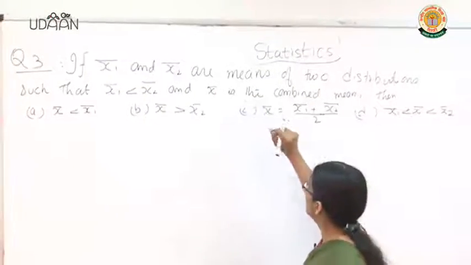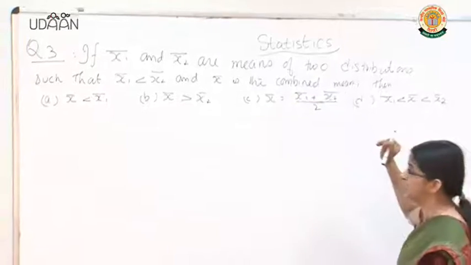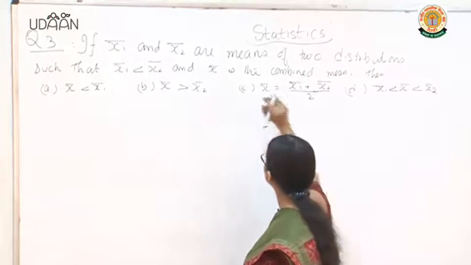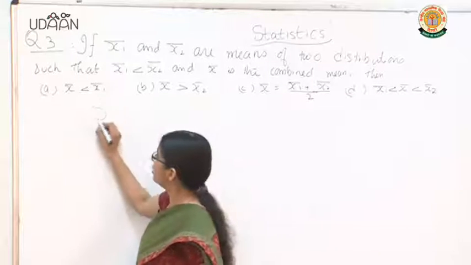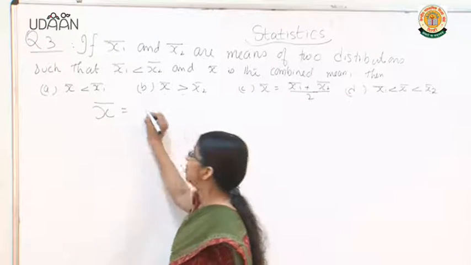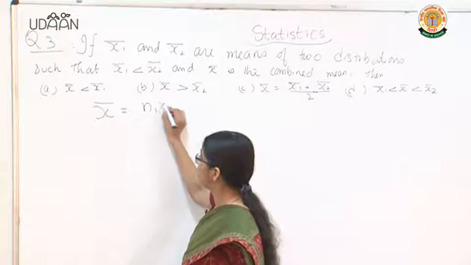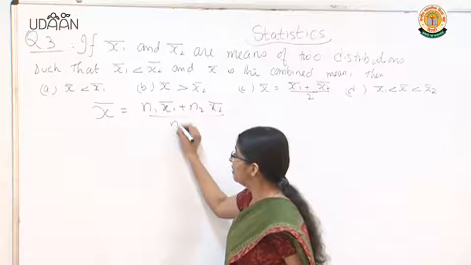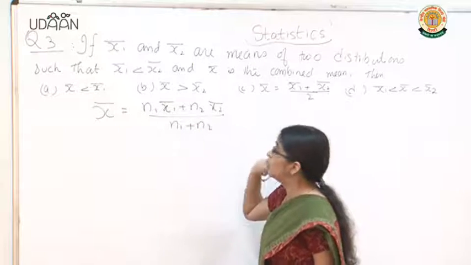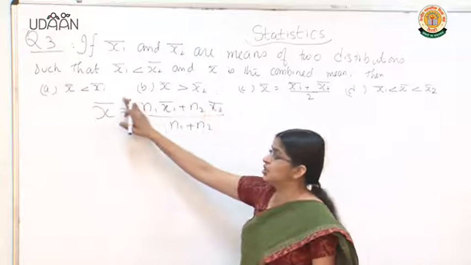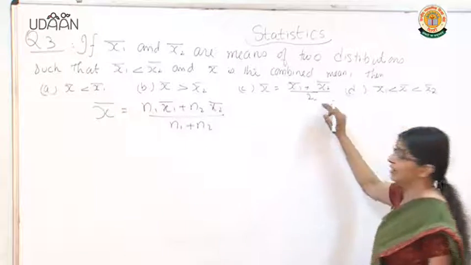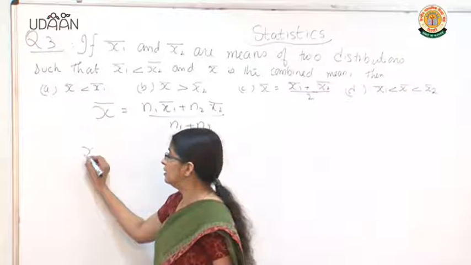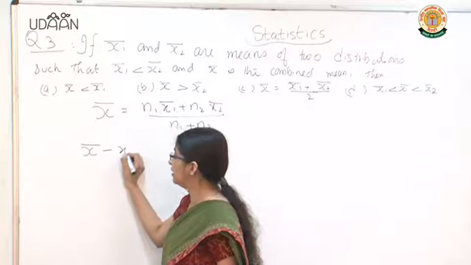x1 bar and x2 bar are arithmetic means of two distributions such that x1 bar is less than x2 bar, and the combined mean is given. Combined mean x bar is given by the formula n1 x1 bar plus n2 x2 bar divided by n1 plus n2. We have to find an order relation and check which of the given relations are true. So, I am going to calculate x bar minus x1 bar.